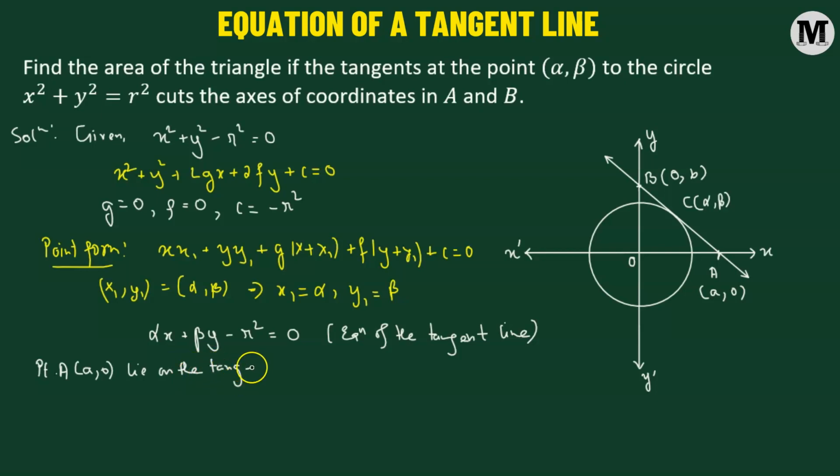That means it satisfies the equation of the tangent line, so we can replace x with a and y with 0. We get alpha times a plus beta times 0 minus r squared equals 0, which means a comes out to be r squared over alpha.